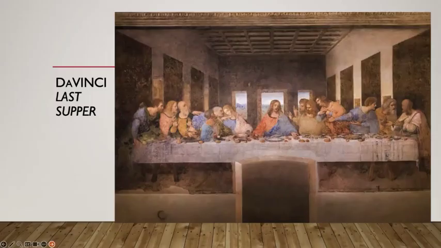For one thing, you see Jesus centered in the window behind him, roughly centered, or the doorway. And the windows on either side of him are approximately the same distance from the door, and they're about the same size. If you look at the table where Jesus is seated, if you count the apostles on either side, they're equal, six on one side, six on the other. It's not eight on one and four on the other.